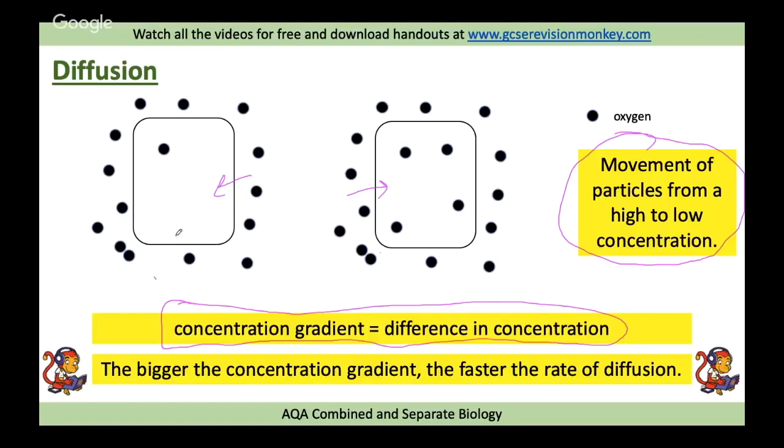A big difference like this one, you're going to get a high rate of diffusion. A small difference like this one, the rate of diffusion is going to be slower. Still going to move in the cell, but it's slower. So a key point: the bigger the concentration gradient, the faster the rate of diffusion. Comes up several times throughout the paper.